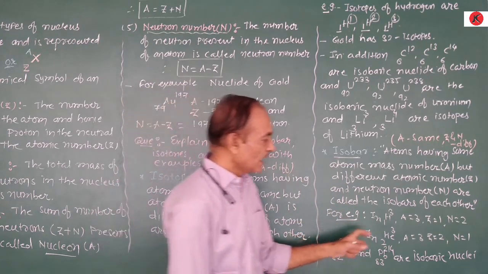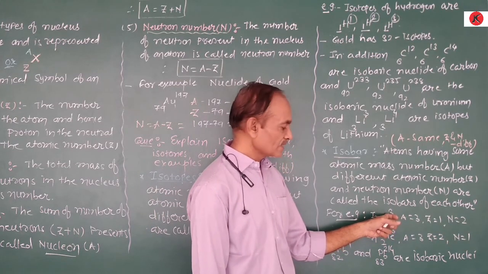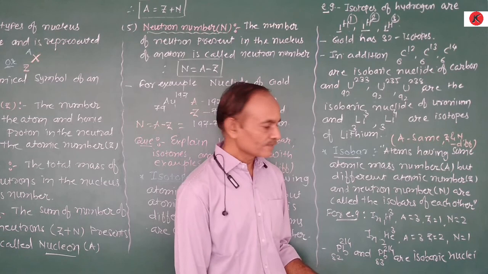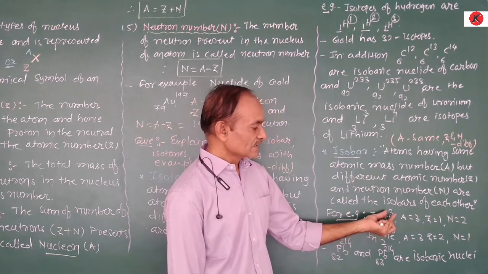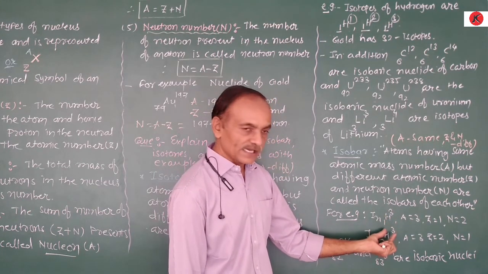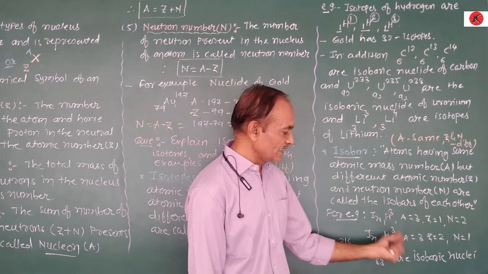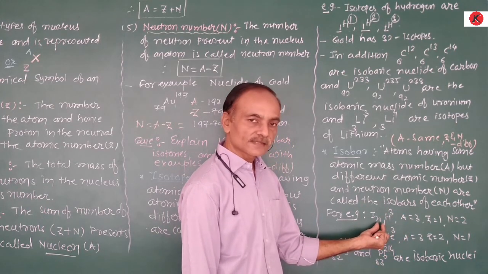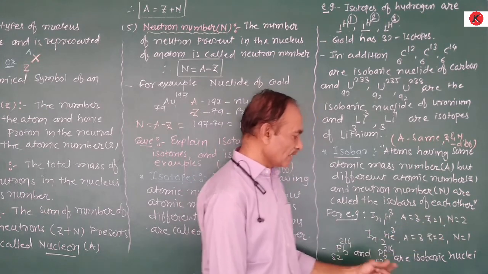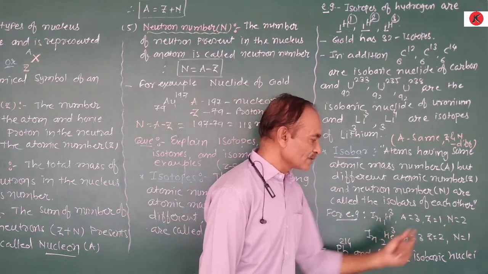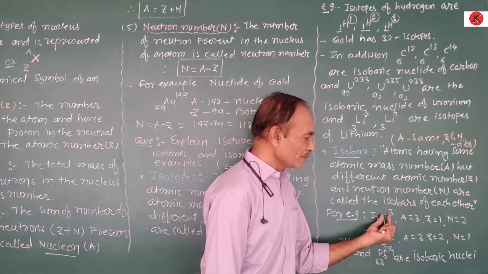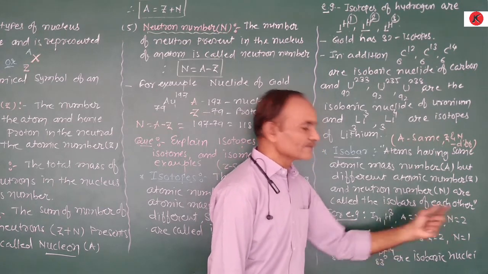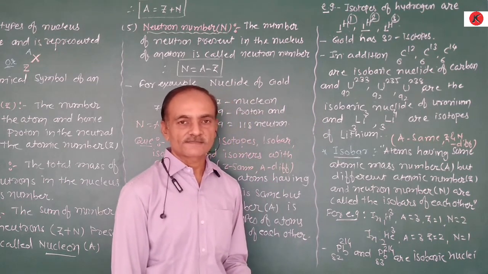Now an example: hydrogen 1H3 and helium 2He3. Both have the same atomic mass number, A is equal to 3. But in 1H3, the atomic number Z is equal to 1, while for helium Z is equal to 2. The number of neutrons in 1H3 is 2, while in 2He3 the number of neutrons is 1.